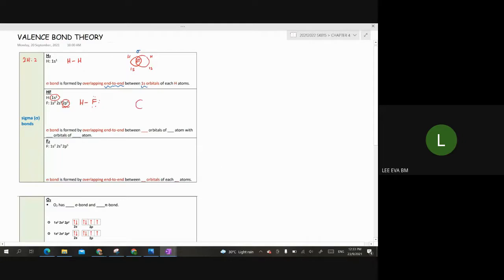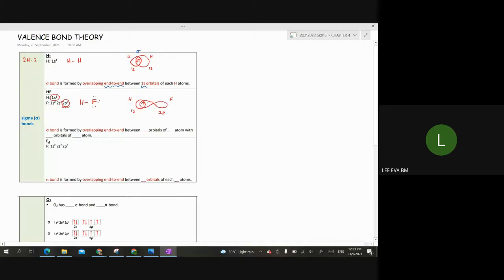Okay, so the 1s orbital from our hydrogen has 1 electron there. And for our fluorine, 2p, therefore we are using a dumbbell shape. I hope you still remember the p orbital refers to a dumbbell shape. So this is the 2p orbital of our fluorine. You can put the fluorine in the middle, or put it here also.